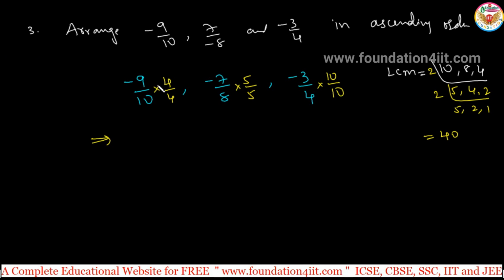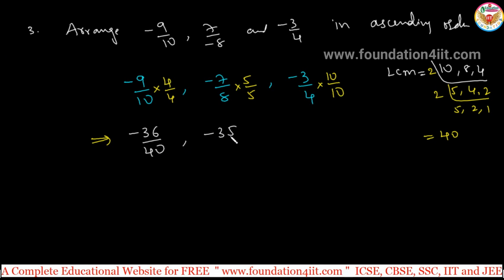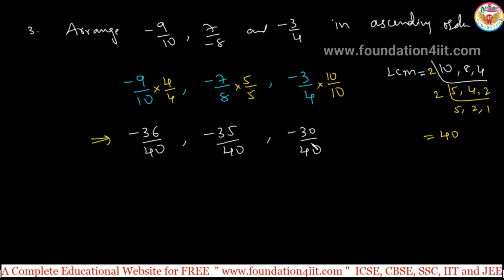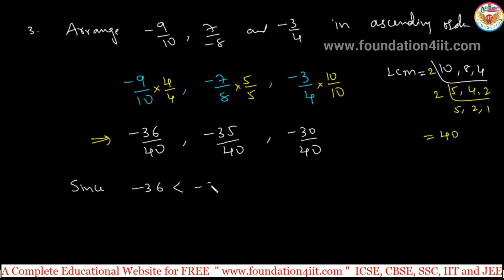Now minus 9 into 4, so minus 36 by 40. And this is minus 35 by 40. And this is minus 30 by 40. These are the three. But we already know negative 36 is less than negative 35 is less than negative 30, because among negative numbers, negative 36 is at the leftmost place.